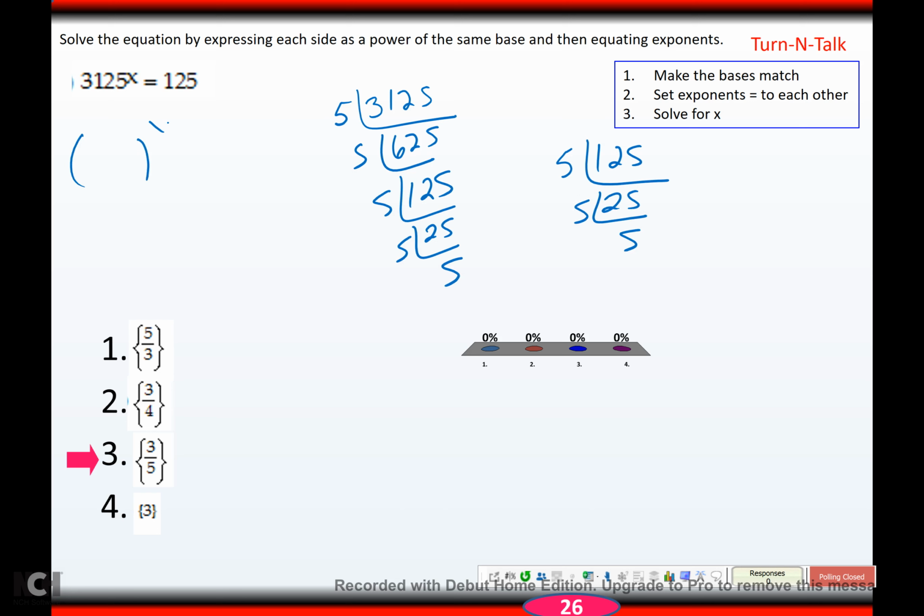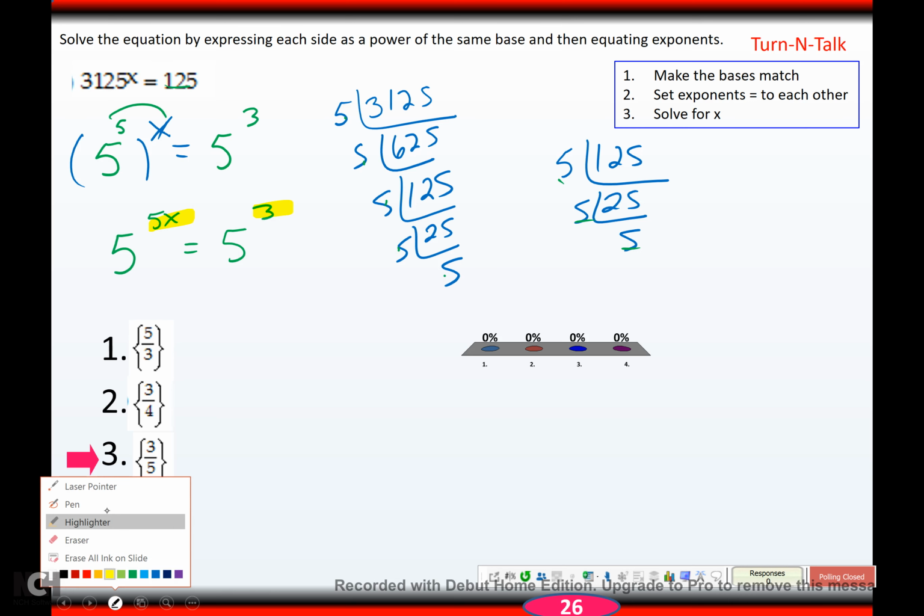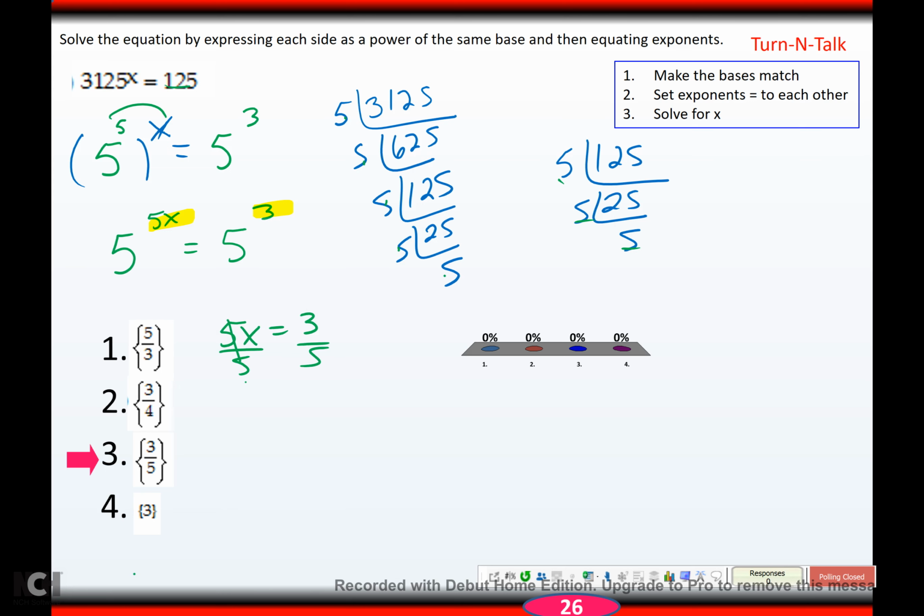So I can rewrite 3125 as 5 to the 1, 2, 3, 4, 5th, and I can rewrite 125 as 5 cubed. Power of a power, that's 5 to the 5x equals 5 cubed. The bases now match, so the exponents have to be equivalent. So I can say 5x has to equal 3, divide by 5, and x equals 3/5.